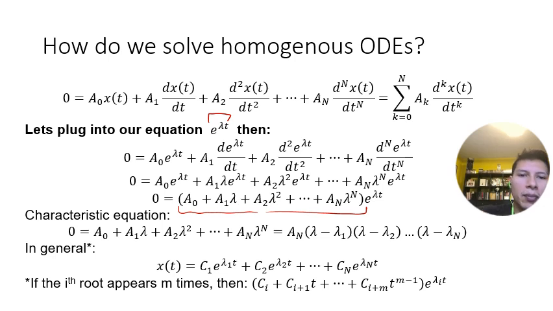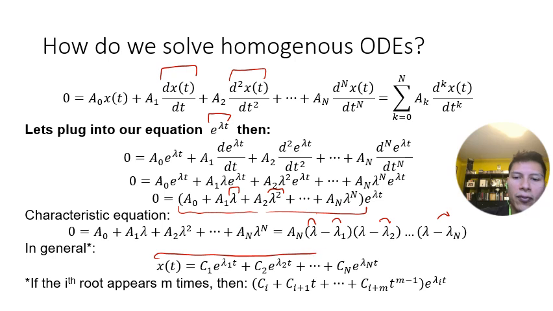That characteristic polynomial just basically replaced all the powers of derivative with powers of lambda. And additionally, we said that we could find the roots of this polynomial. And if all the roots were different, our final solution would have a form of a linear combination of all the different roots with arbitrary coefficients that we could find if we knew some initial conditions.